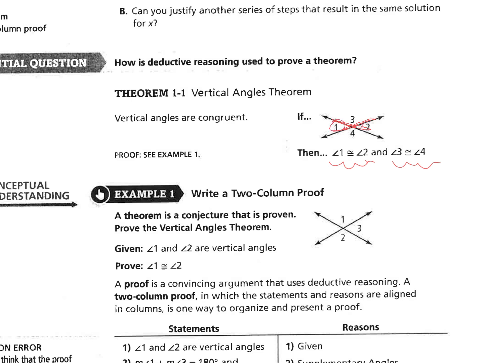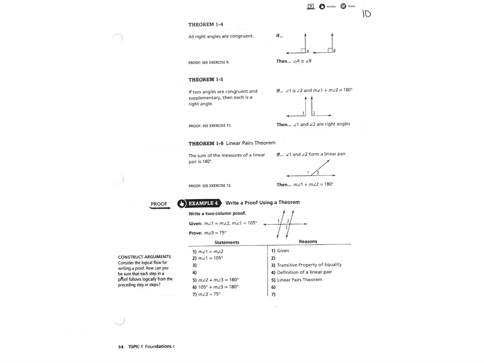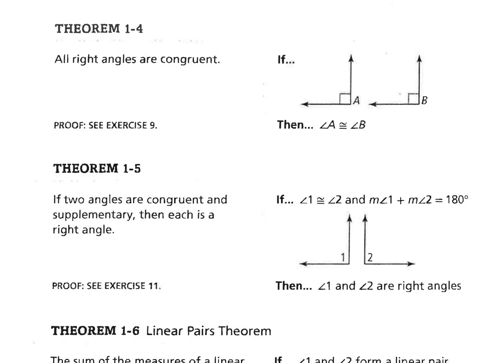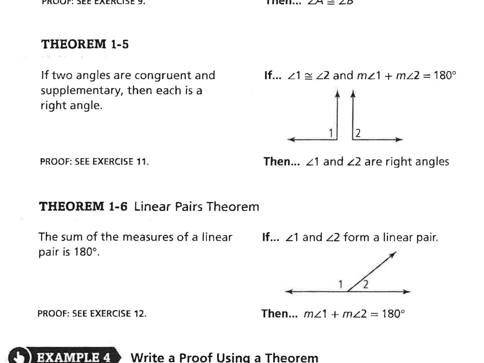So 1 and 2 are back to back. To be vertical angles, they have to be made by two intersecting lines, segments, rays, something of that nature. So we'll look at some problems here in just a second, how we utilize that relationship. Other relationships that we need to know: right angles are all congruent, that makes sense, they're all 90 degrees.